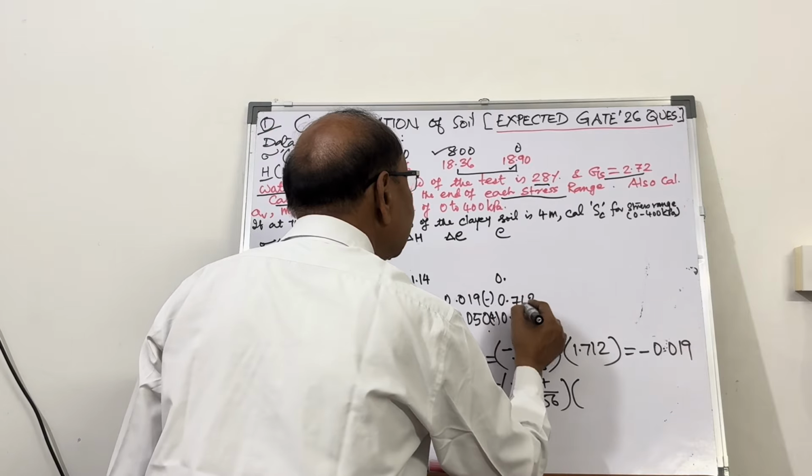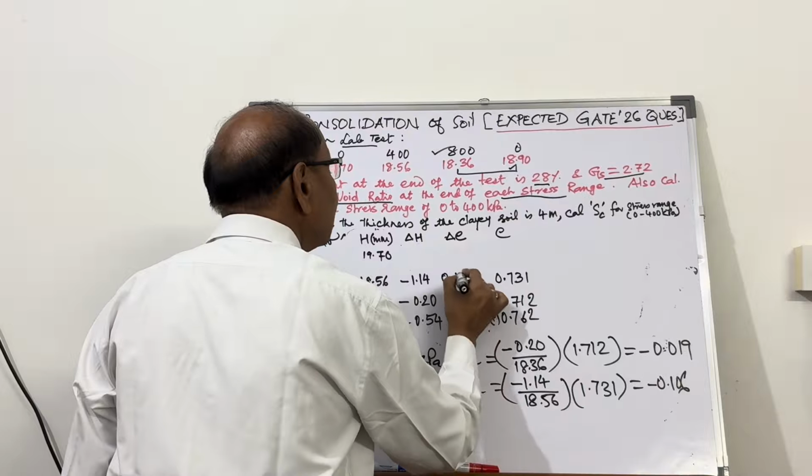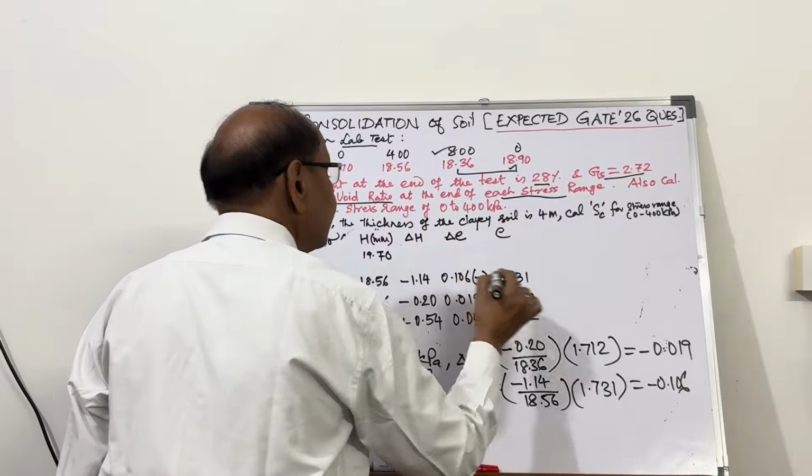So friends, the value of this is going to be 1.731, and therefore you get the new value of delta E, and that is going to be minus 0.106. So it becomes 0.106, and it is negative. Only positive is here where it swells.